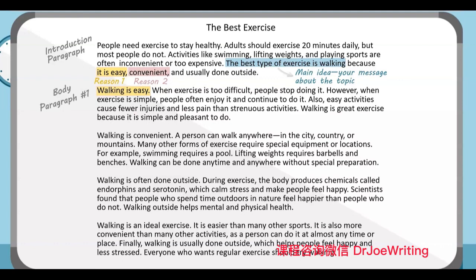Do you see where reason 2 is repeated in the essay after the introduction paragraph? Reason 2 becomes the topic sentence of body paragraph 2, walking is convenient. And reason 3 is repeated as the topic sentence of body paragraph 3. Walking is often done outside. Then we have our conclusion paragraph, which we'll talk about in a few minutes.